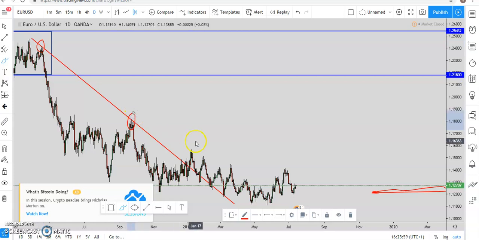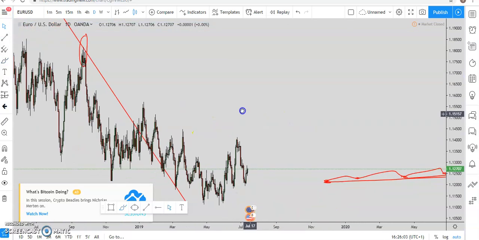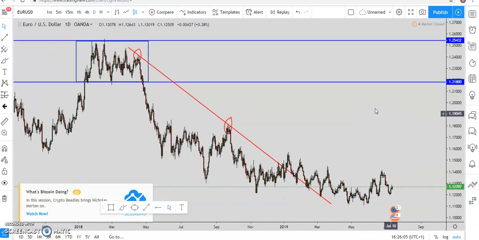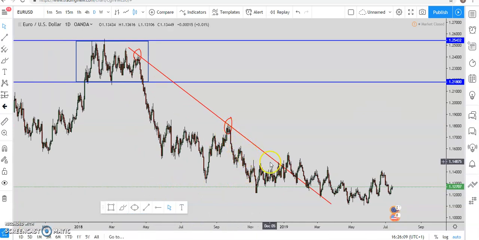Okay, so now let's look at something. After price broke my trend line, which is my resistance line, price went up, came down to bounce on it here.